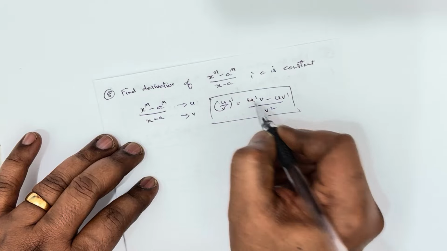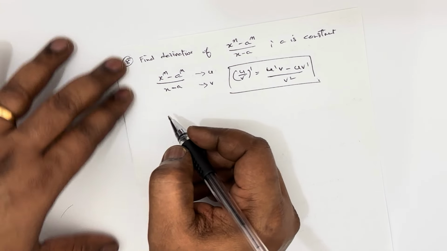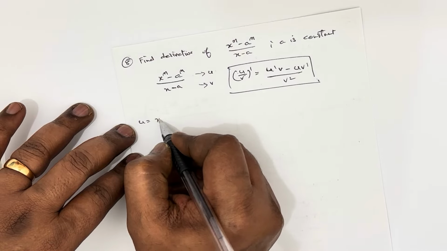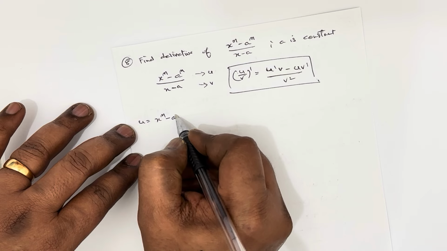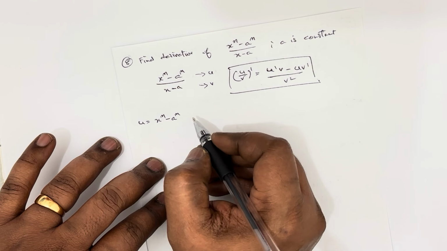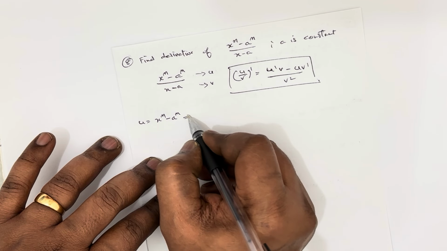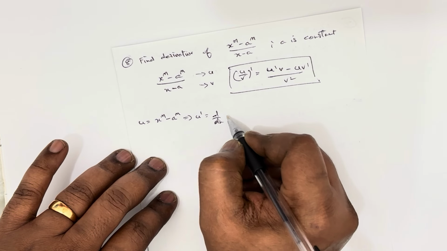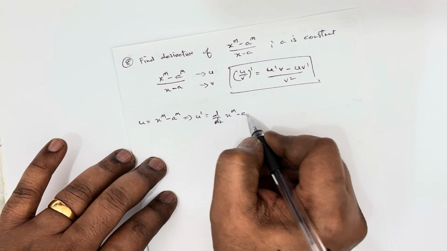So let's find out u. U is equal to x raised to n minus a raised to n. That implies u dash will be dy dx of x raised to n minus a raised to n.